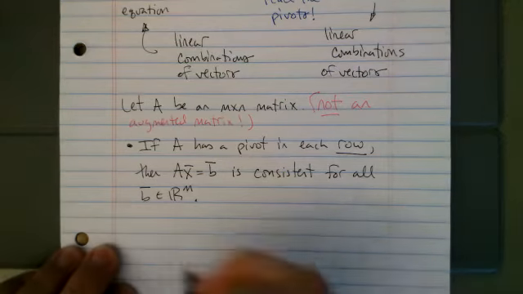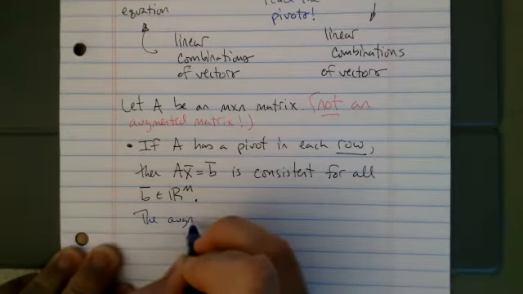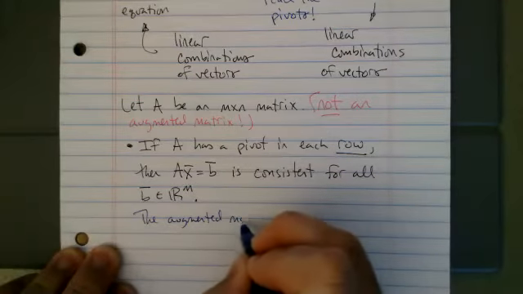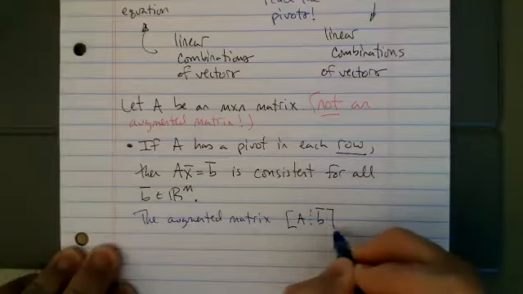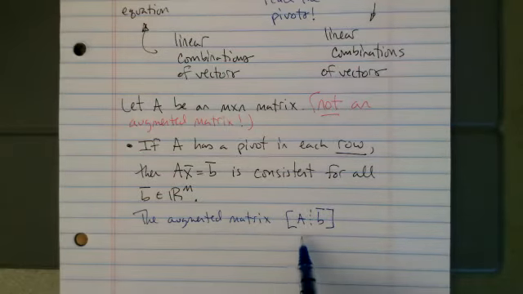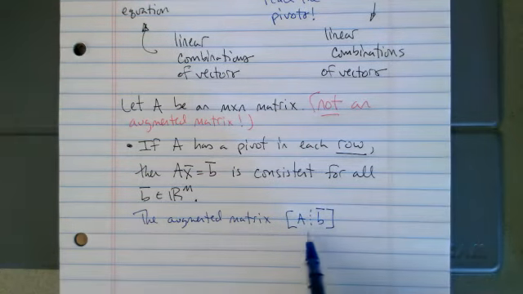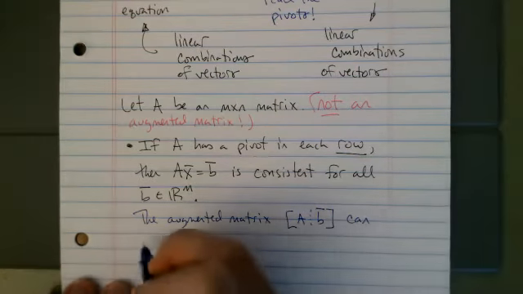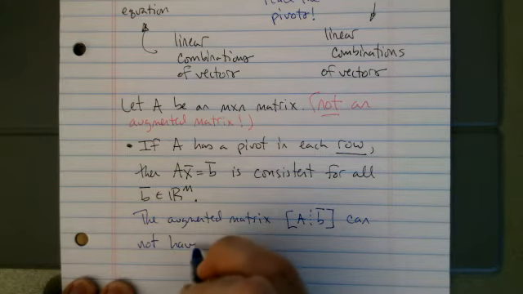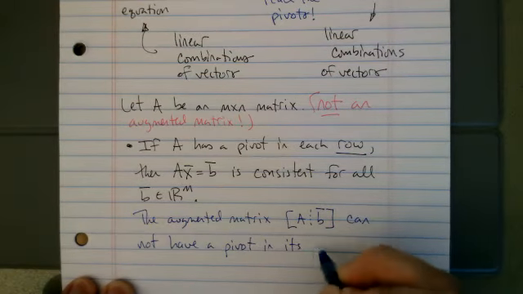So the reason is that the augmented matrix, where I have the coefficient matrix and I put the B over here, could not have a pivot in its rightmost column because I filled up all the pivots in the coefficient matrix.